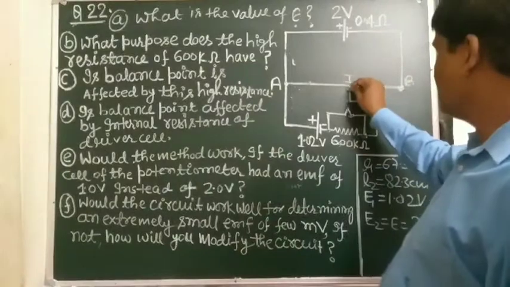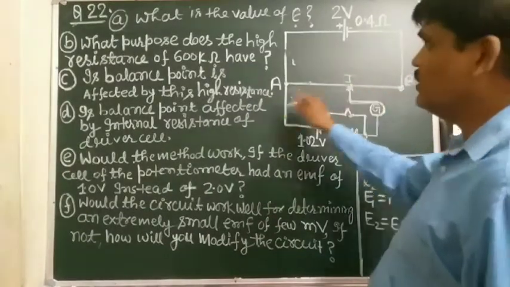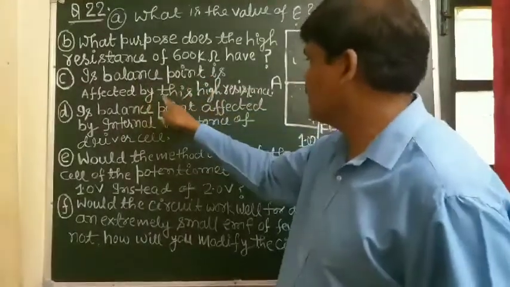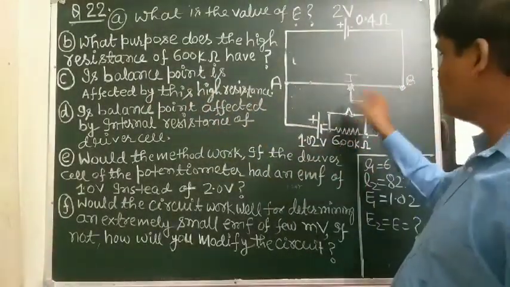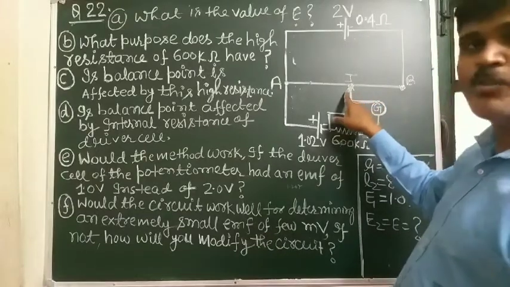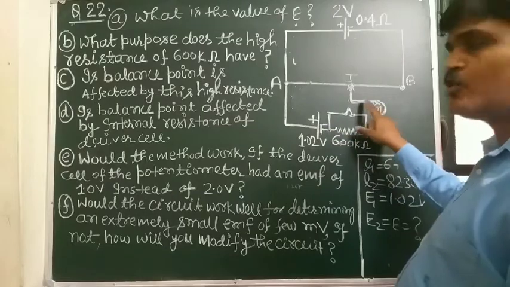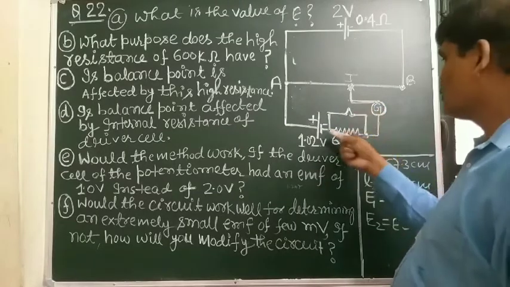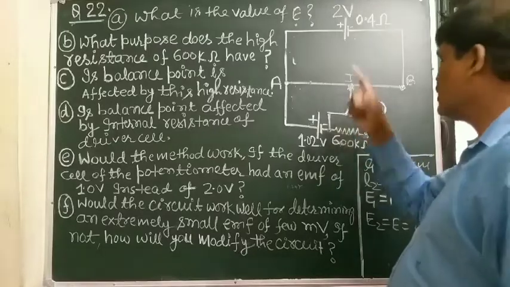So at the condition of balance point, its balance point is affected by this high resistance. At the condition of balance point, there will be no flow of current through the galvanometer. So if there is no flow of current through a galvanometer, it means what?